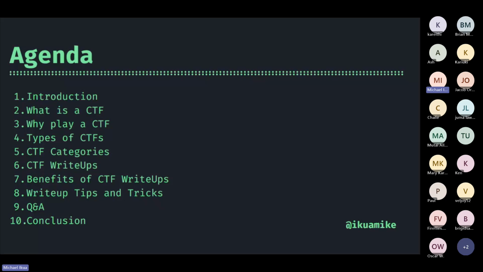Okay, so what is a CTF? A CTF is capture the flag. In various environments, capture the flag means different things, but specifically for cybersecurity, this is an activity where you try to find a string or numbers or a series of letters, which we call the flag, in a purposely hidden application, website, some files, or a server.